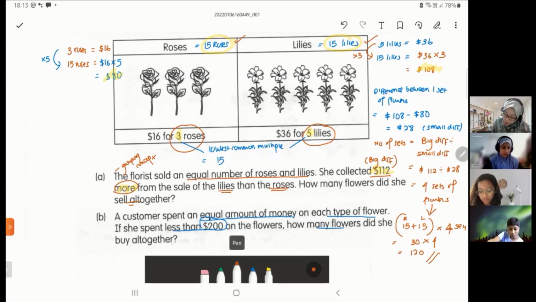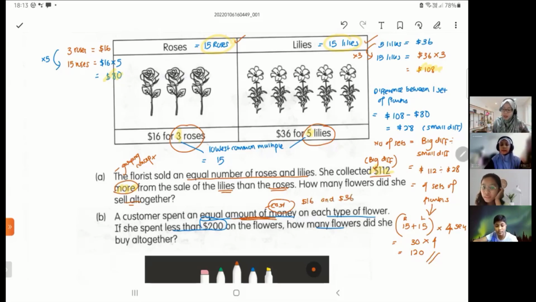Equal amount of money means it is the cost, so you look at the $16 and the $36. Just now we looked at the common multiple of the number of roses. Now we look at the common multiple of the cost of the flowers.